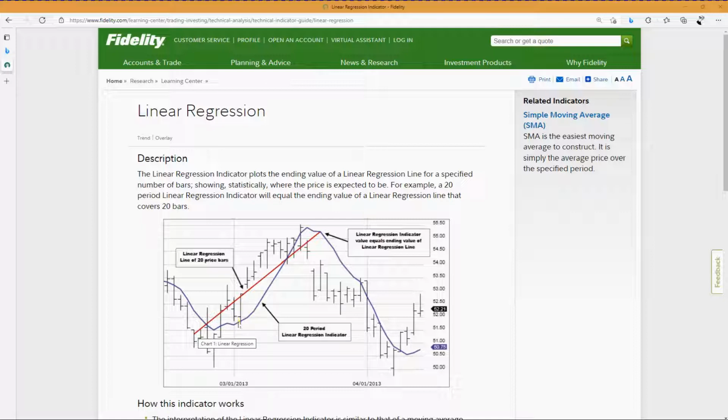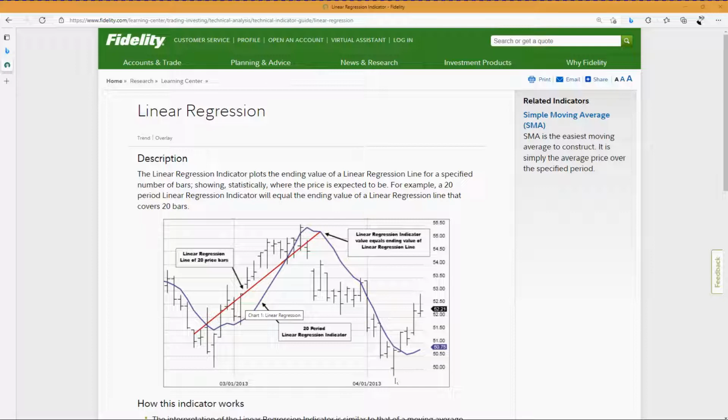I call it the mothership, comes back to your mothership. Once it touches that line, then it will go back in the direction of the original trend if it's a trending condition. And that is it. So you can see here the price fell below it and started a downtrend between these two points, and when it retraced back to the linear regression line, it then resumes the trend.